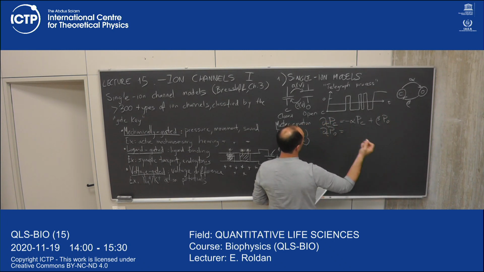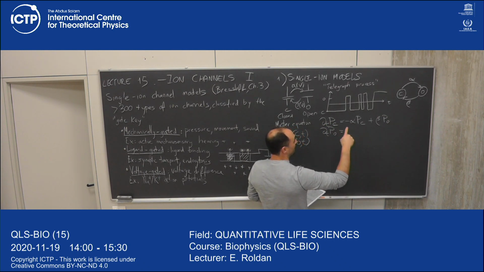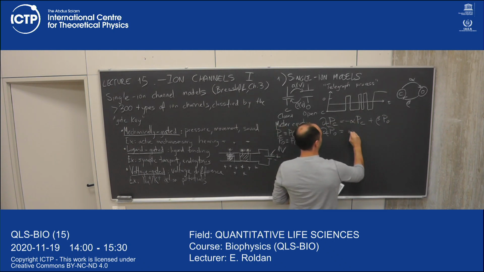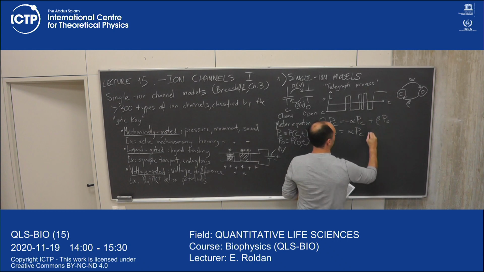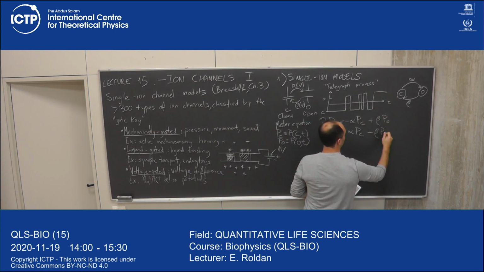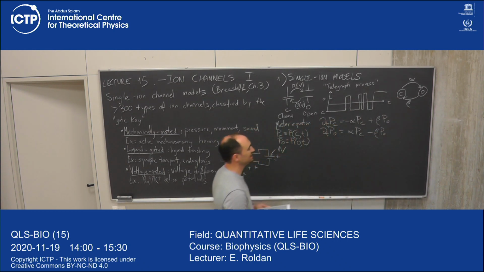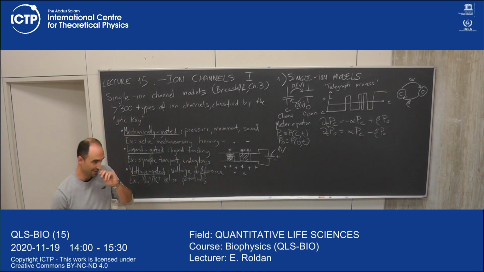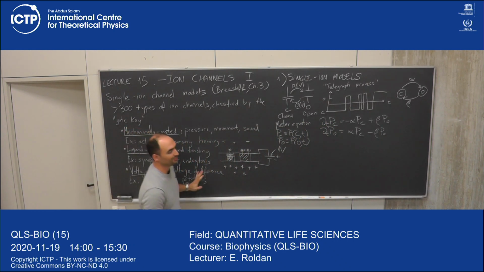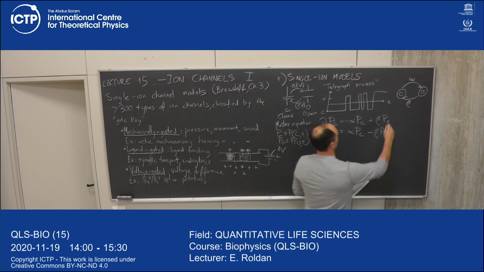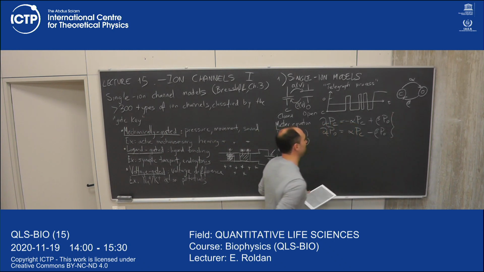And then for O, it's very simple: from C, I gain probability with alpha, and I lose probability with rate beta from O. That's the master equation. I asked you to write the master equation, almost trivial. This you should all know, very, very simple.